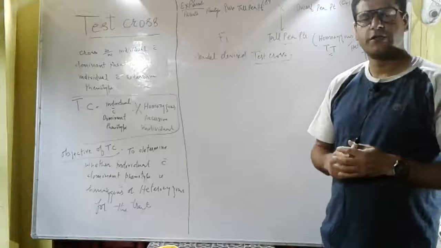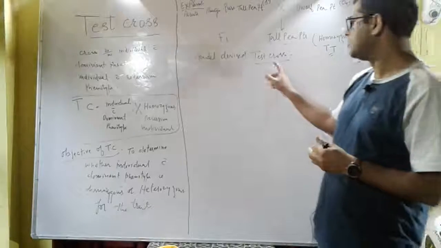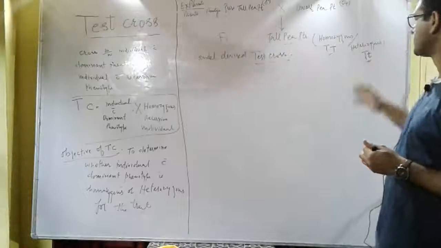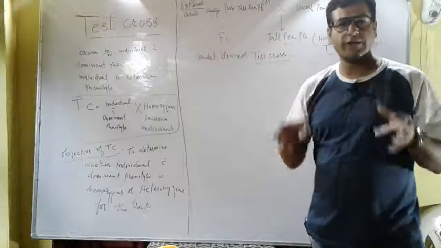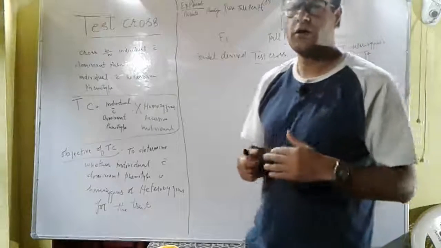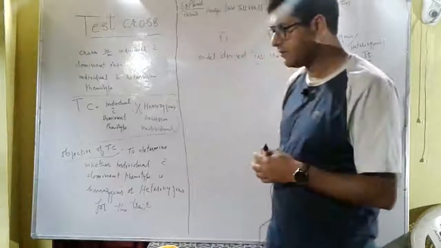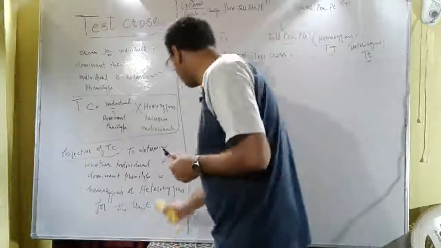The test cross determines whether the individual with dominant phenotype is homozygous or heterozygous, whether it has two identical alleles for the trait or two dissimilar alleles for the trait. So Mendel devised the test cross to determine this. So we'll perform the test cross.